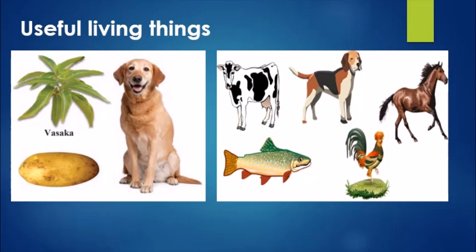So all these organisms are useful to us, and that is why they are called useful animals. Even the earthworm is useful, as it plays a very important role for farmers. It burrows inside the soil, and that is why the soil loosens up, so earthworms are very useful to the farmers. So in this way we have useful plants and useful animals.